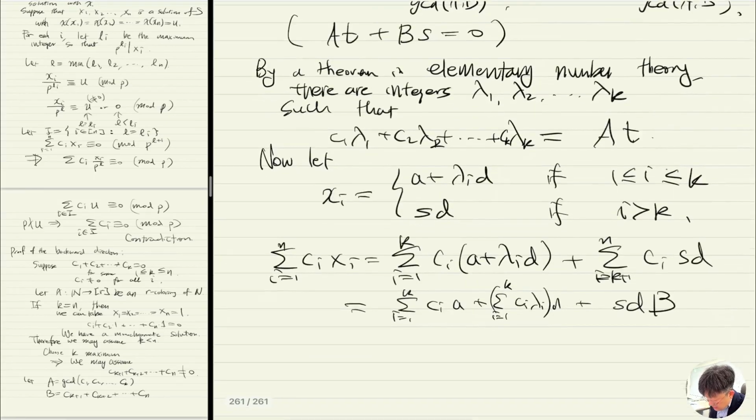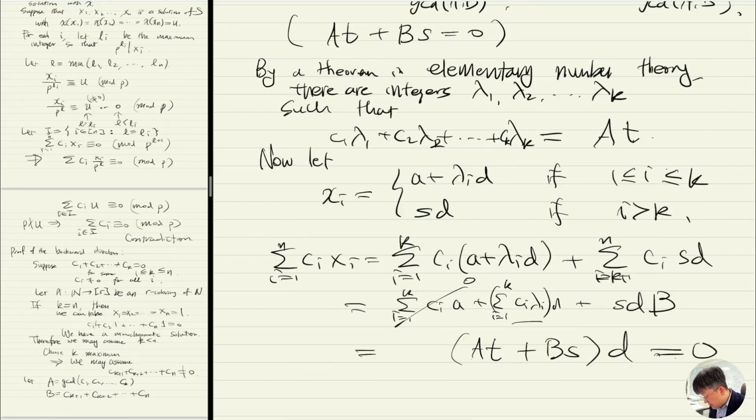Now, what is that? This is 0, and this is a t, so it's a t d plus b s d, but a t plus b s is 0.